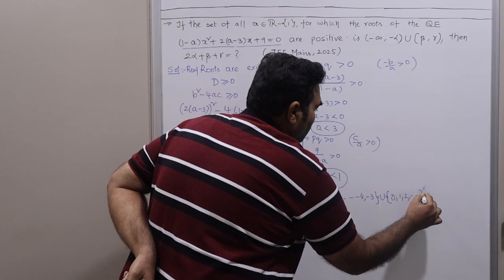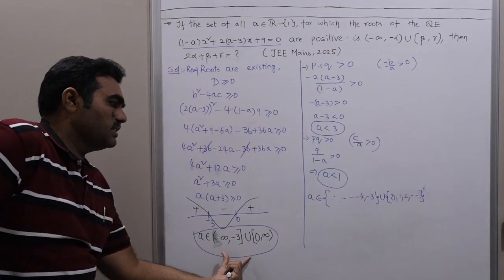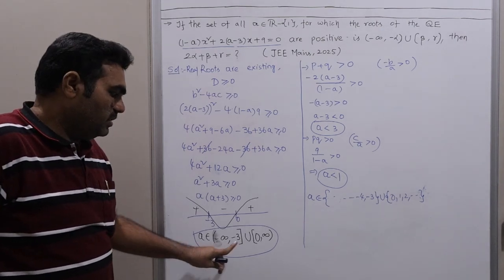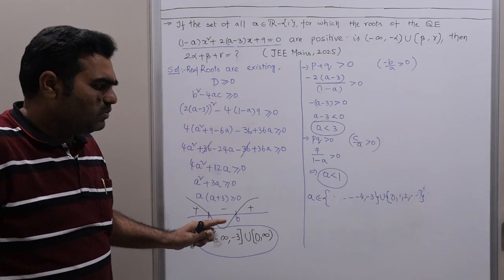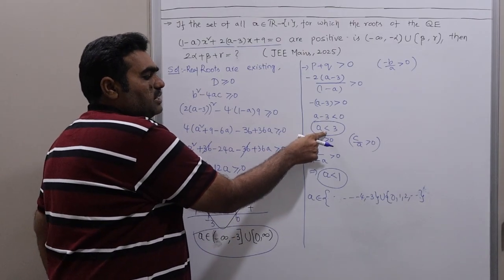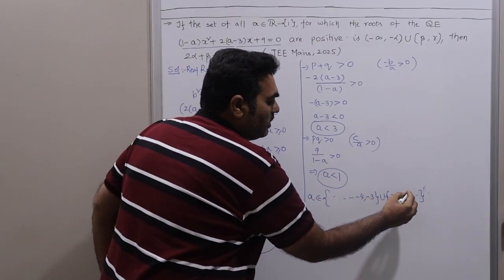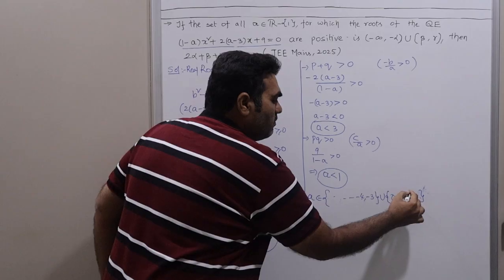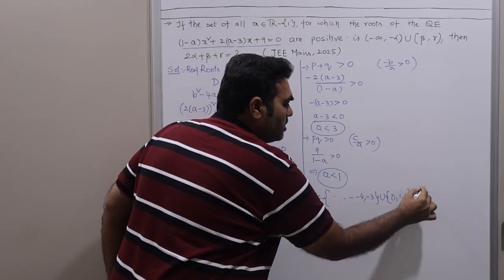Okay, this is what it means when I write this as a set. I should not include whatever I have within the open interval. I have eliminated it. Now this condition says A is less than 3, so from 3 it is ruled out.